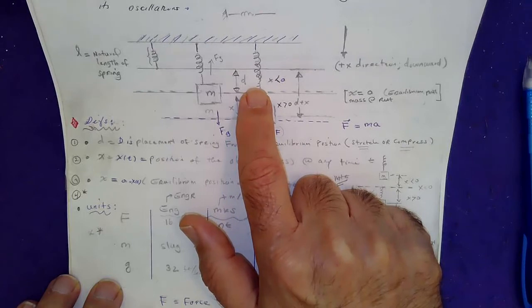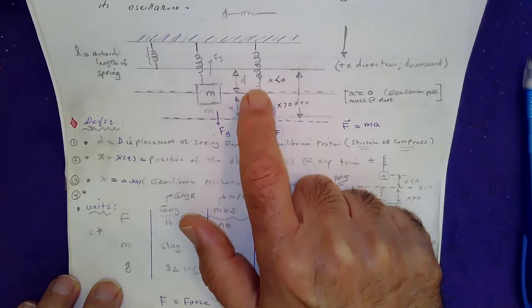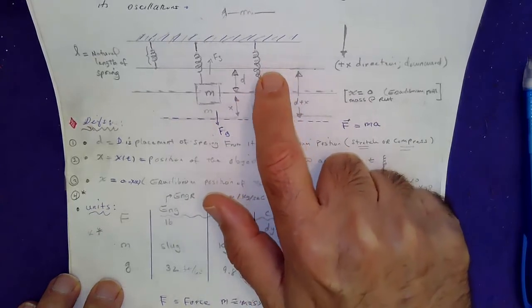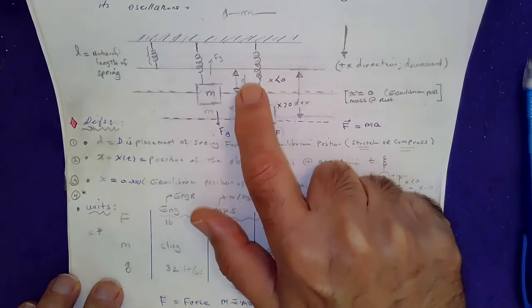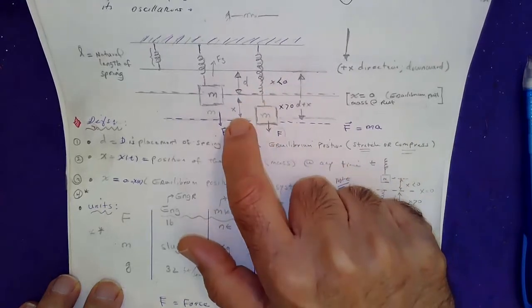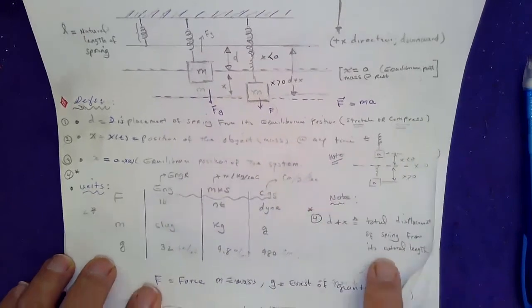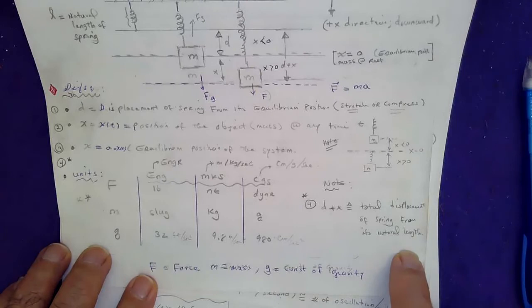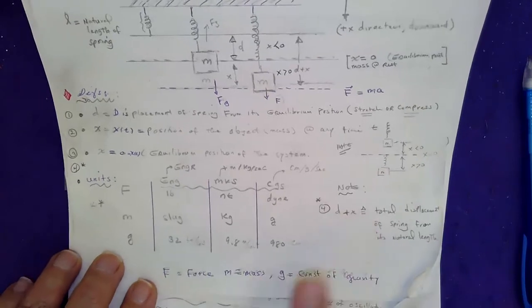Remember, deflection is the amount of stretch or compression of the spring. So the spring has been stretched this much, so that's the deflection. And when it then goes up and down, that's extra distance, which is called X. Therefore, the total displacement of the spring from its natural length is D plus X.